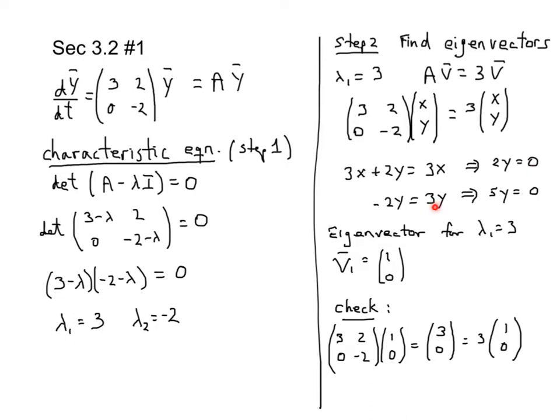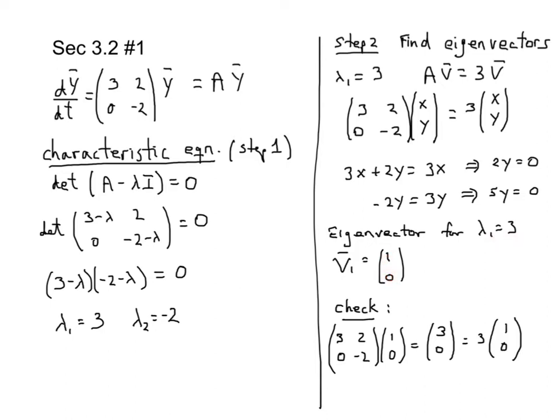And bringing the 3y to this side, we have an equation that says 5y has to be 0. Both of these specify that y is 0, and there's no restriction on x whatsoever. So any value of x will make this true. And so the eigenvector for lambda 1 equals 3 is just (1, 0).